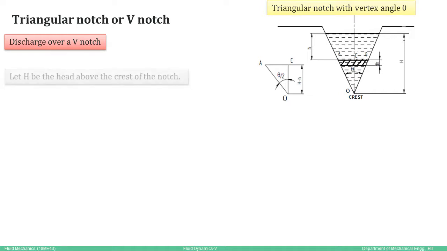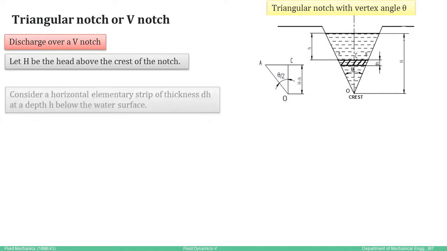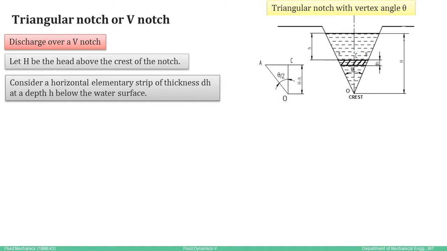So let us go with the derivation. Let the total height be H, and we have considered a horizontal elementary strip of thickness dh at a depth of h below the free surface. Now from the triangle ACO, tan of theta by 2 is opposite by adjacent, AC is the opposite edge and CO is the adjacent side.